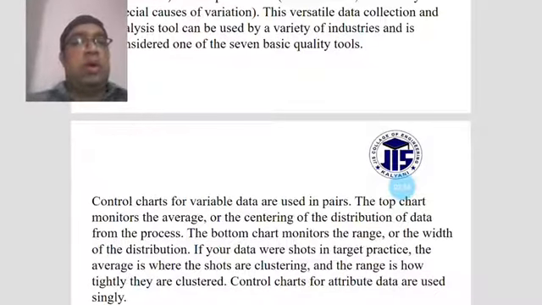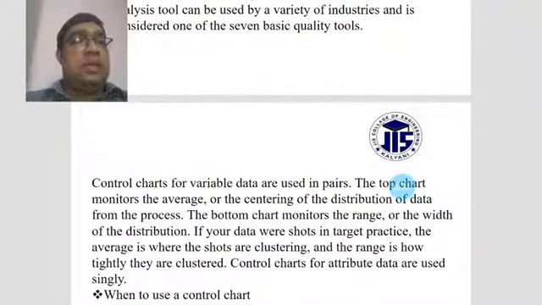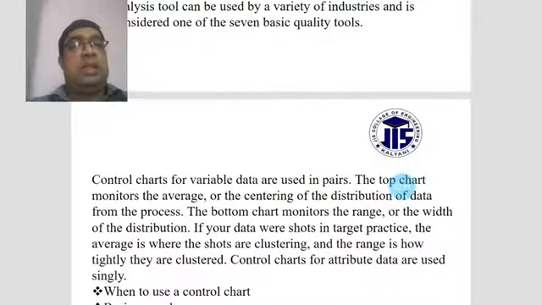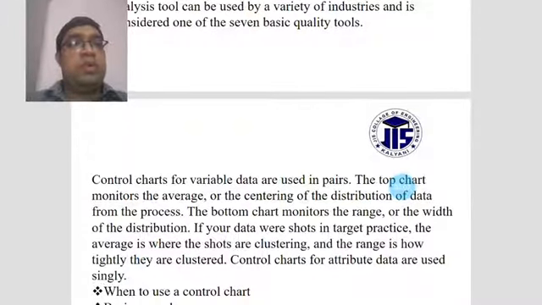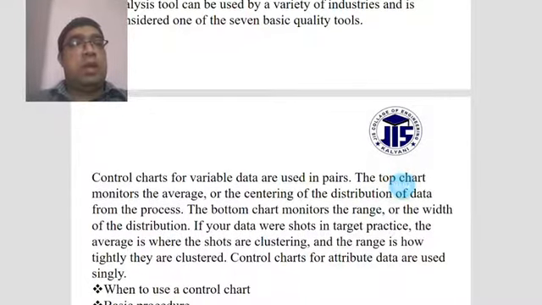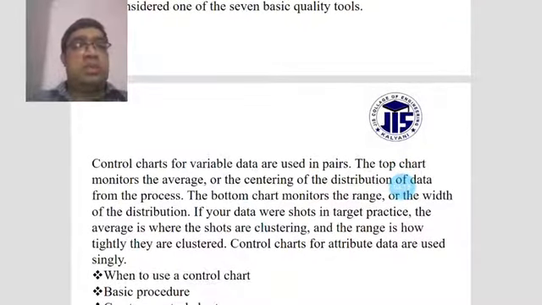The top chart monitors the average, or the centering of the distribution of data from the process, and the bottom chart monitors the range, or the width of the distribution.